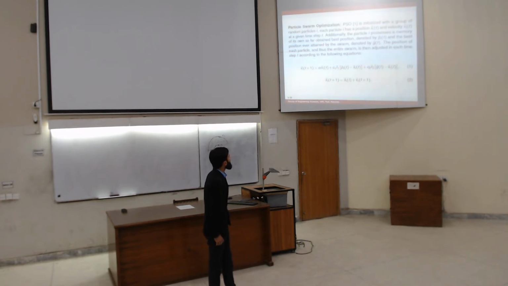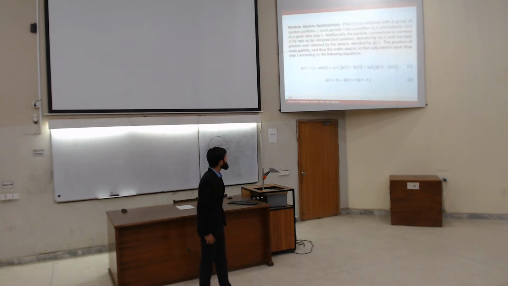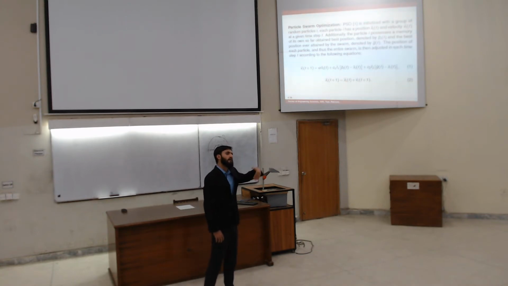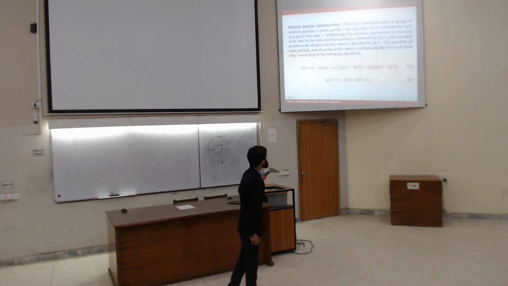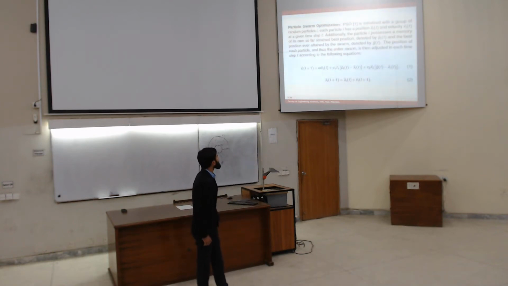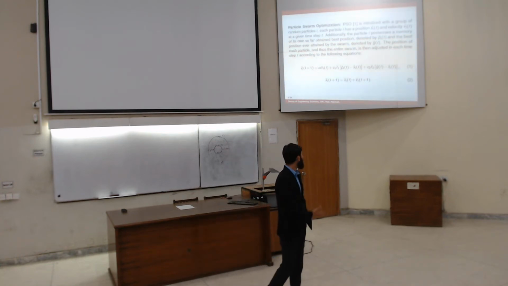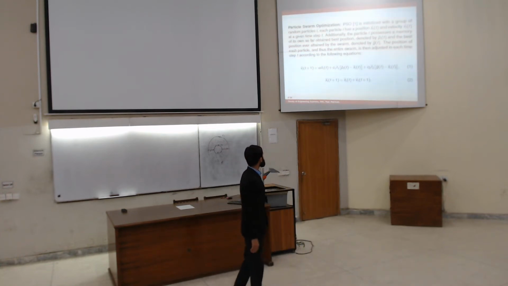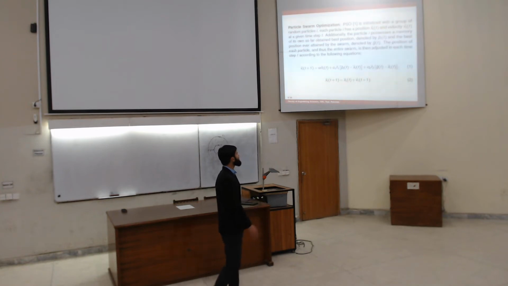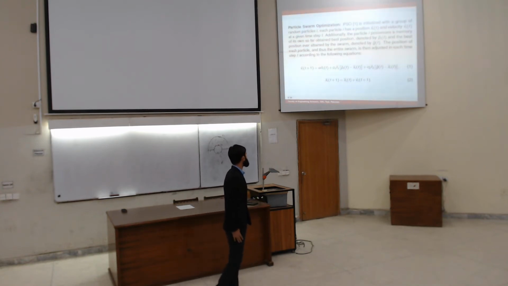Additionally, particle i possesses a memory of its own best position obtained so far, called the personal best and denoted by P. And the best position ever attained by the whole swarm is called the global best and denoted by G. The position and the velocity of each particle are updated by equation 1 and equation 2.